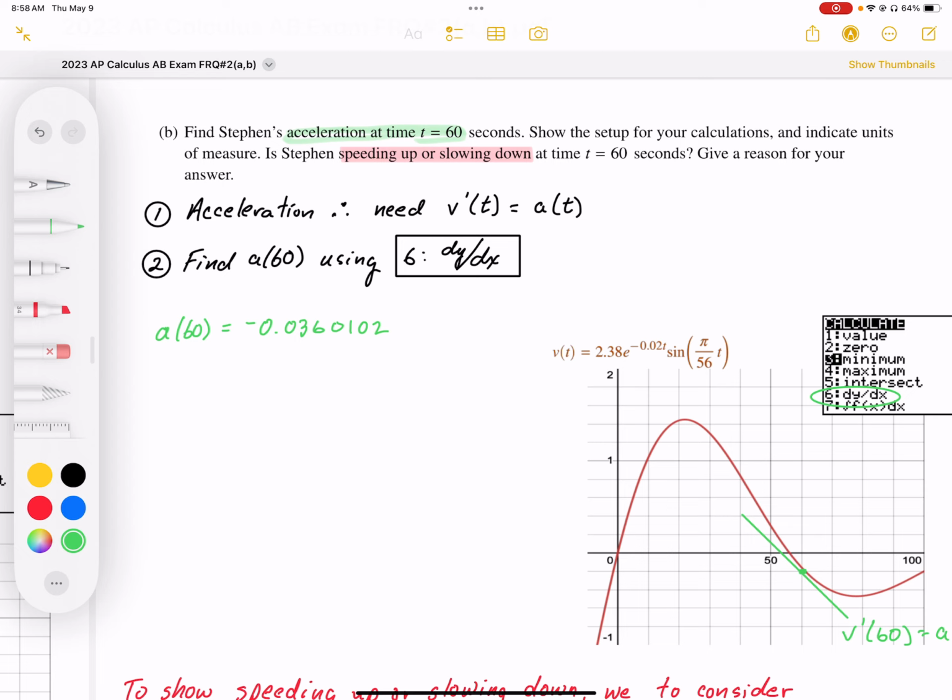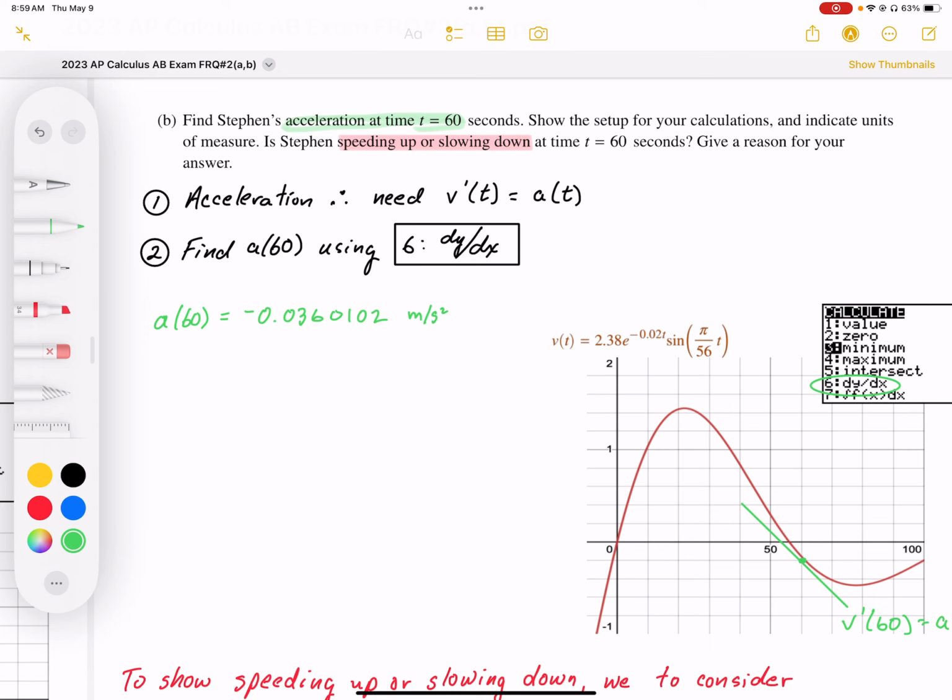Okay, so about negative 0.036. And this is going to be in meters per second squared. And again, it does say indicate the units of measure, since the velocity is in meters per second, the slope will be in meters per second squared.